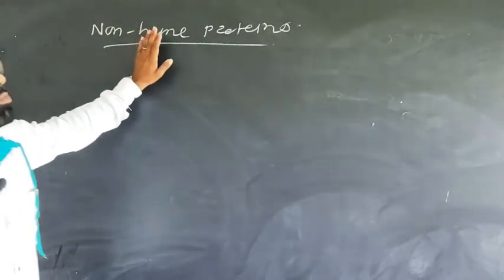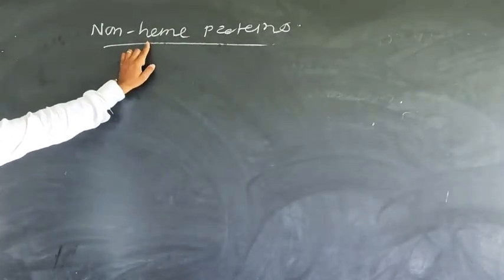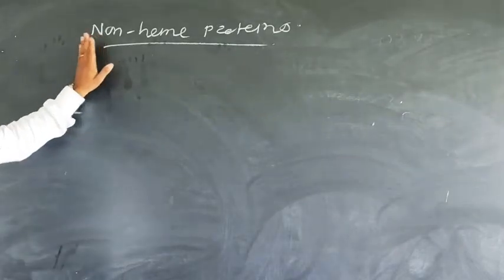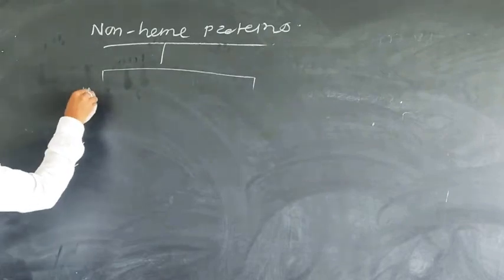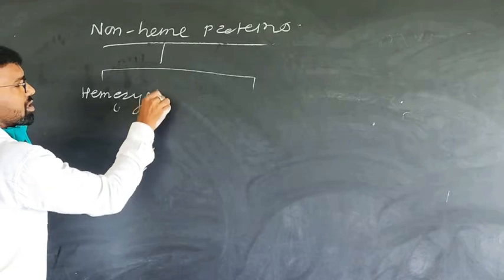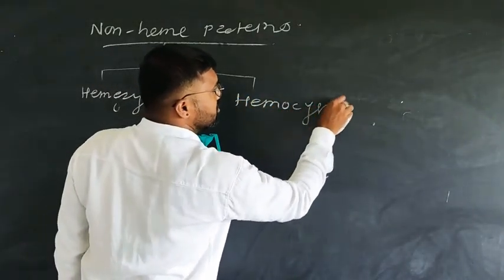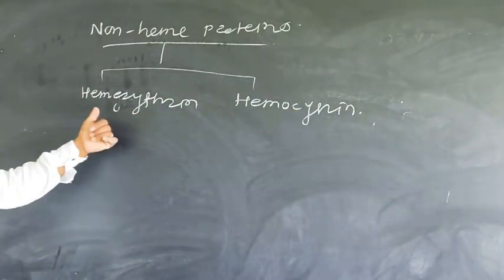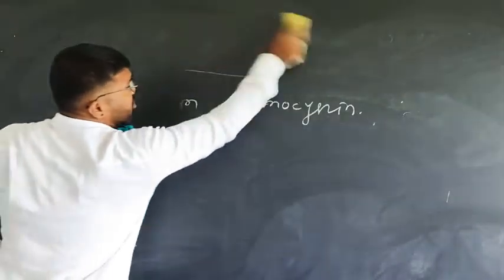Non-heme proteins are the proteins or biomolecules or metallobiomolecules which do not contain a heme unit, like hemoglobin or myoglobin. In this lecture we want to discuss hemerythrin and hemocyanin. Both are non-heme proteins because they do not contain a heme part. Okay, so first I would like to discuss hemerythrin.